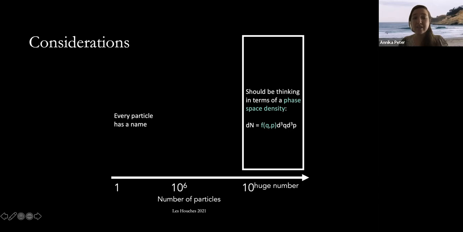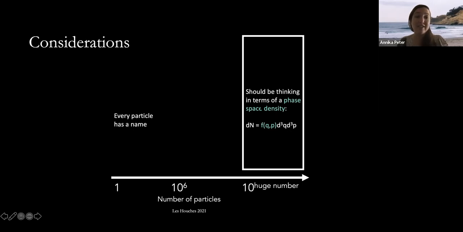On the other extreme, and for part of today and basically all of tomorrow, we're going to talk about this limit. When you have just an enormous number of particles, and here enormous number really means something that's much greater than 10 to the 6 particles. In that case, you're not giving every particle a name.